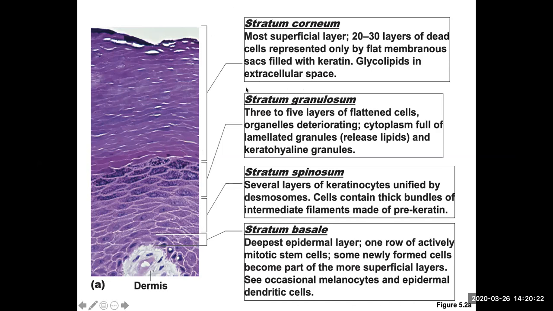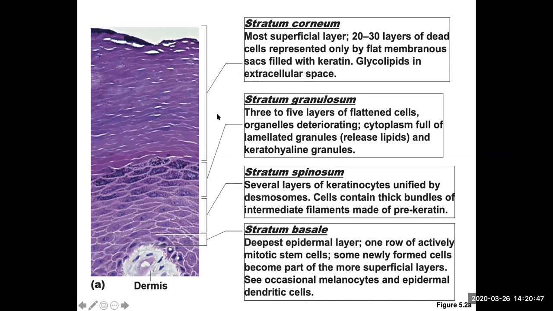The stratum lucidum is so named because the cells there are kind of transparent. So if this was an example of thick skin, the stratum lucidum, which would be right here, would look like a light line near the border between the stratum corneum and the stratum granulosum down here. I'll show you a picture of stratum lucidum in a bit.